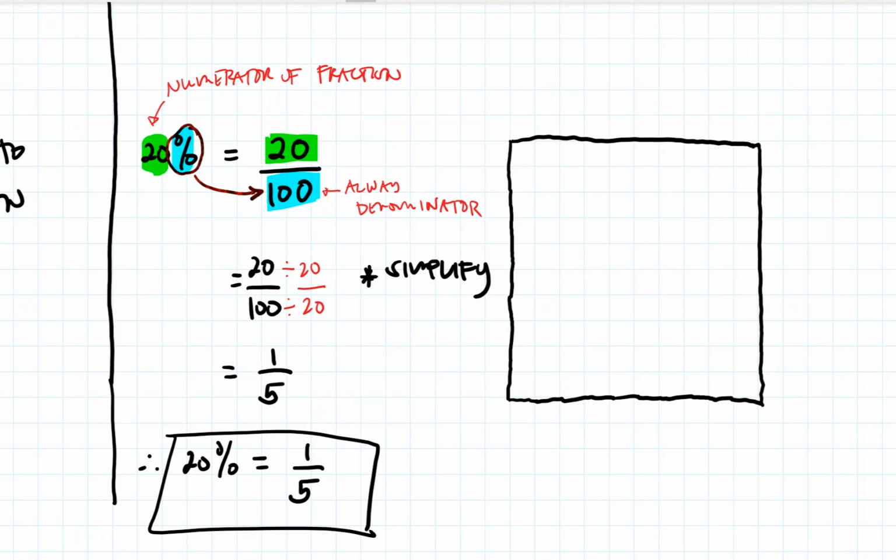If you count, this big square contains 100 smaller squares. So 20% means that I'm just taking this part here. If you visualize that, this is your 20%.